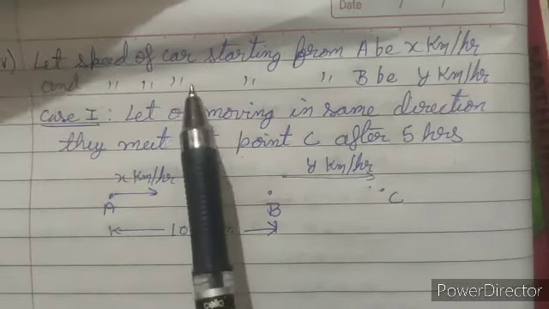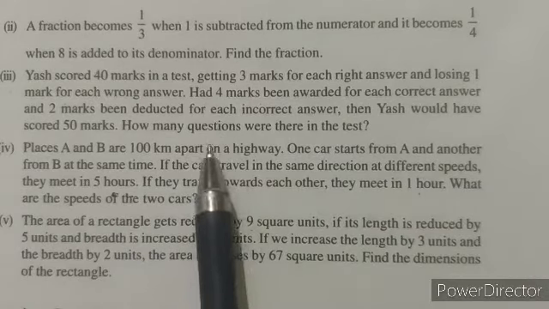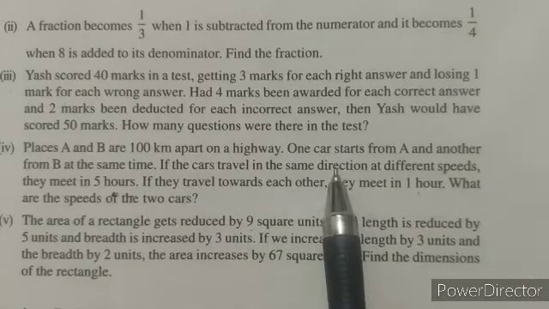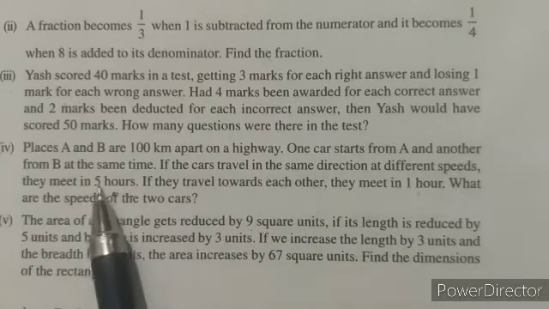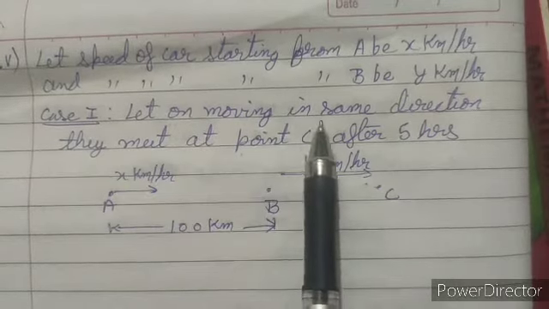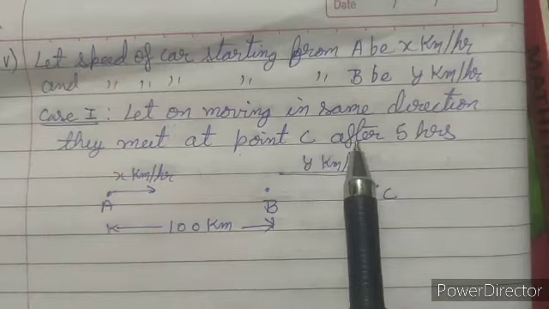Now in case first, it is given to us that if the cars travel in the same direction, they meet in 5 hours. So let on moving in the same direction, they meet at point C after 5 hours.